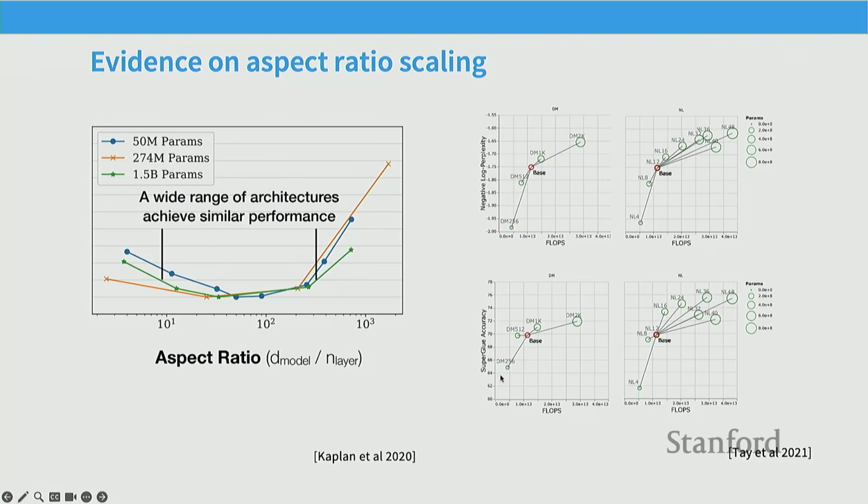But the story is less clear if you're looking at downstream accuracy. At the time, they were looking at fine-tuned SuperGLUE accuracy. They were arguing that for the same amount of FLOPs, deeper models might be better. So I'll just leave it at that. There's not quite as much follow-up to this work, at least in the open that I've seen, but downstream performance may actually be slightly different in terms of the aspect ratio considerations here. Okay.